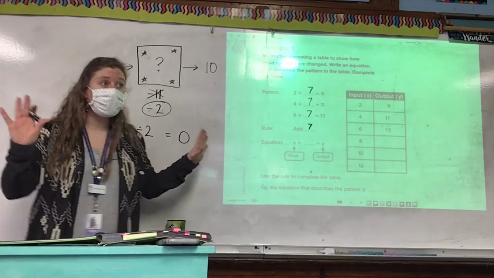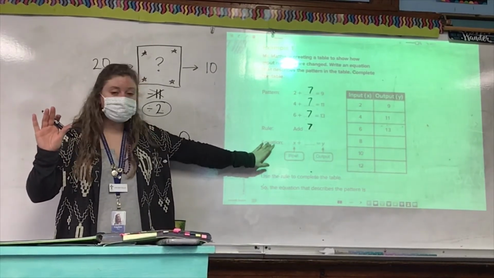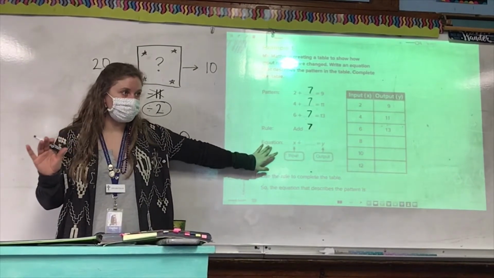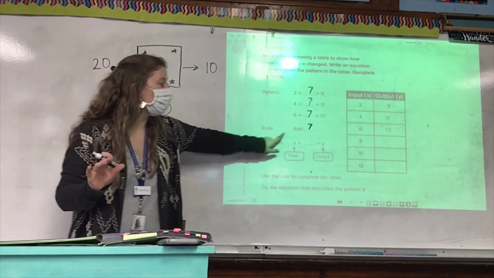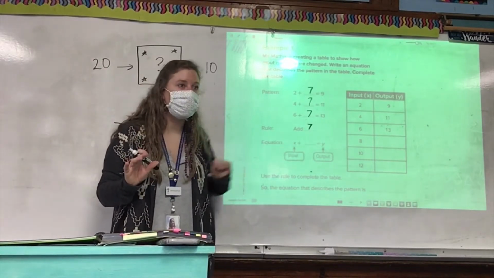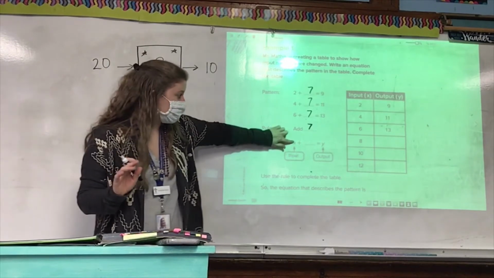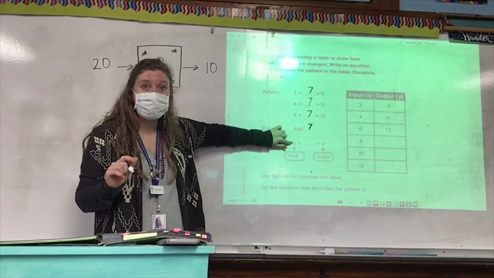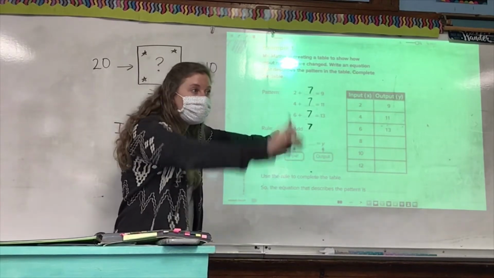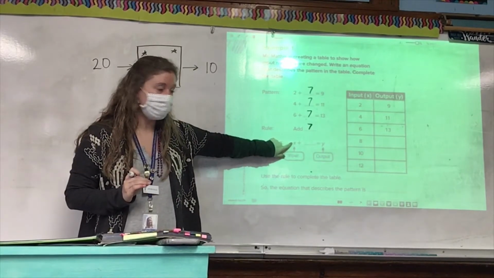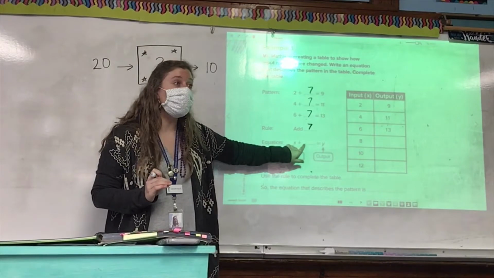So the way we write an equation, look at this last part. You can look at it in your book. Right after rule, where we figured out it's add 7, we have our equation. We see the variable for the input comes first, because that's what goes into the function machine. Then we have the rule.